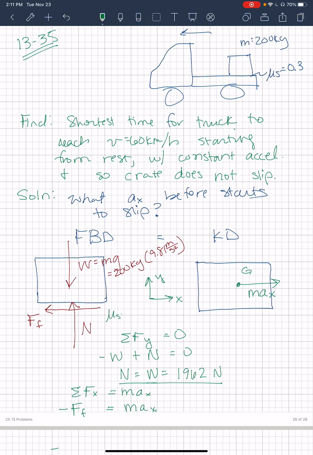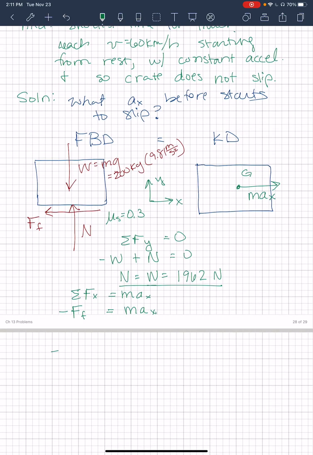So a x is going to equal negative 0.3 times n, which is 1962 newtons, divided by the mass of the crate, which was 200 kilograms.